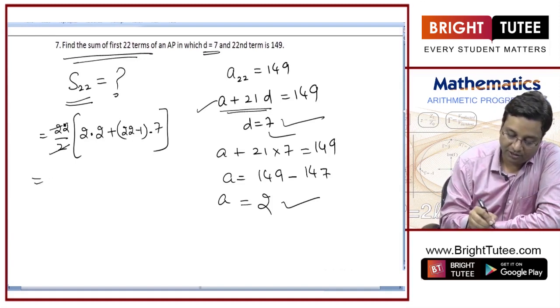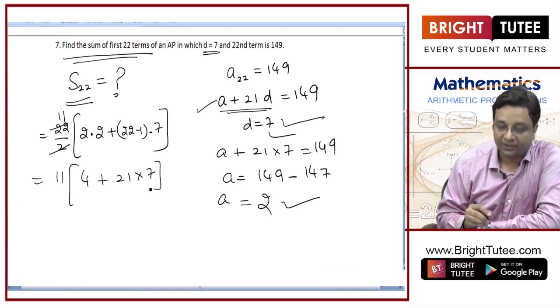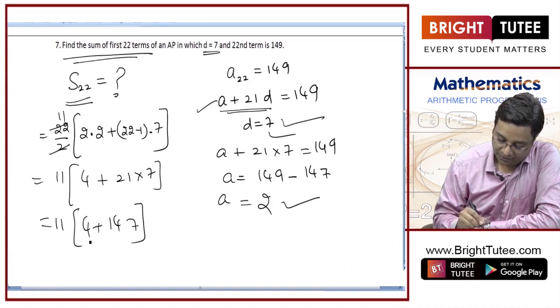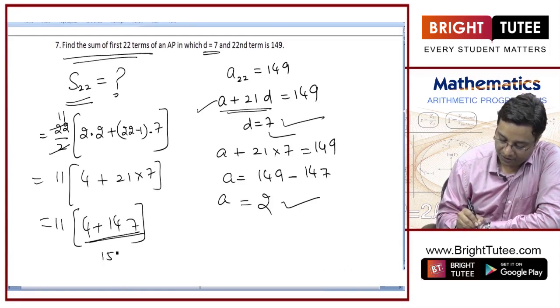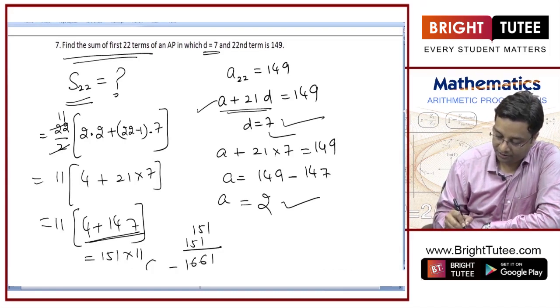Right, so this will give me 11 into 4 plus 21 into 7. Right, so it is equal to 11 into 147 plus 4, which is equal to 151 into 11. Right, 151.